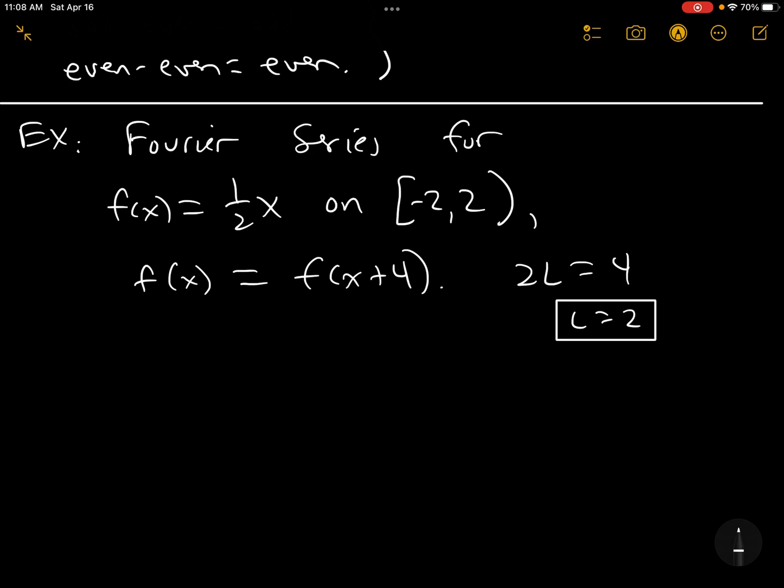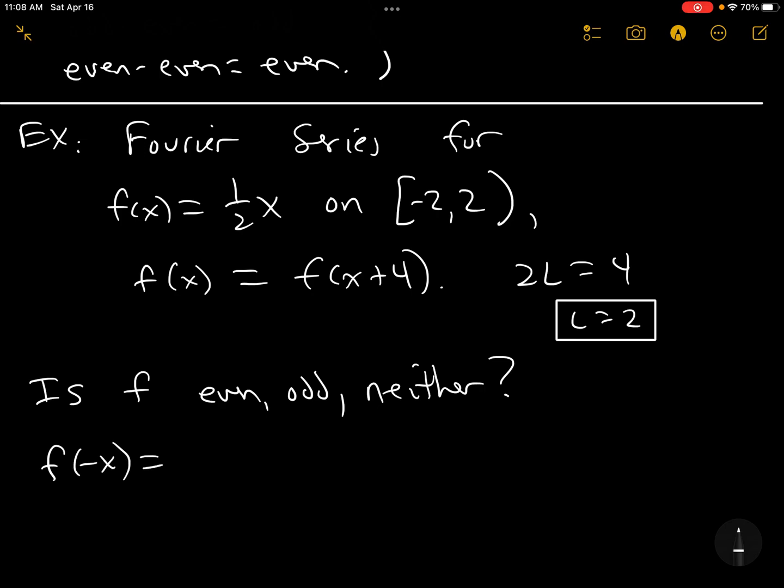Before we jump into computing Fourier coefficients, we want to ask ourselves, is f even, odd, or neither? If it's neither, you can still do it. You just have to do a lot more integrating. If it's even or odd, you get to use those lovely formulas to simplify things. Let's check.